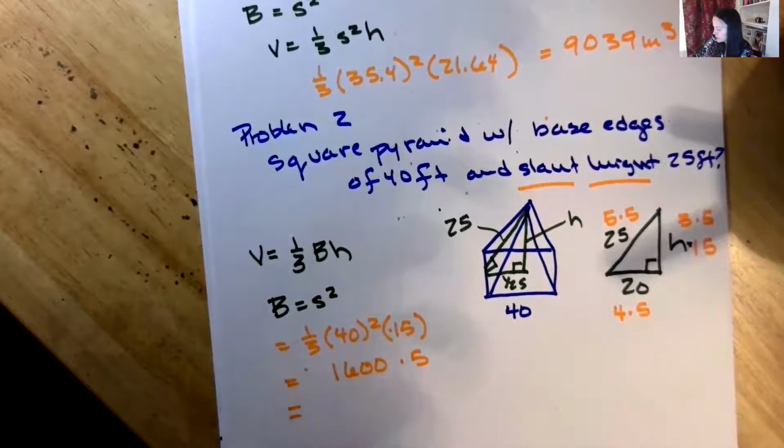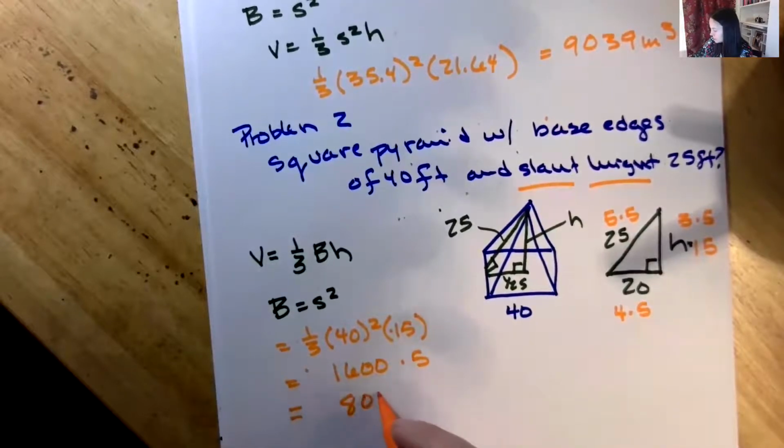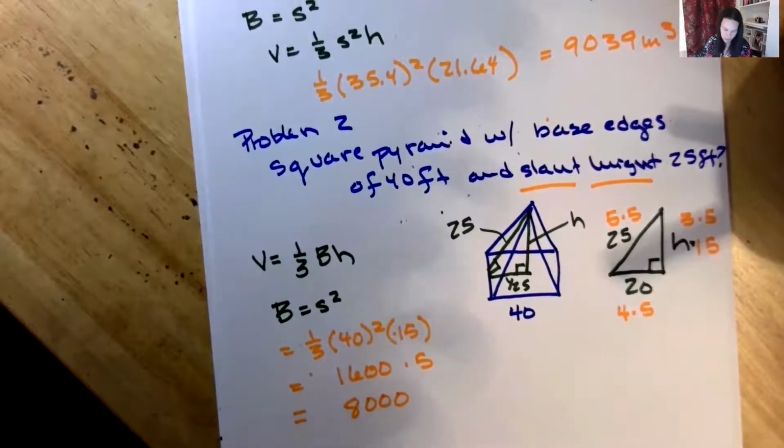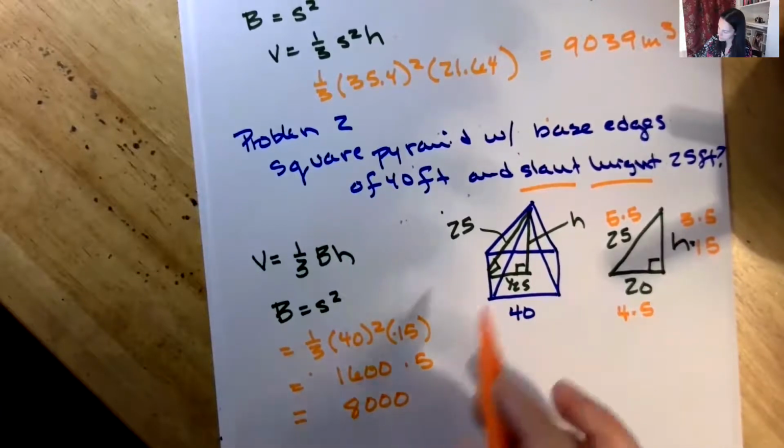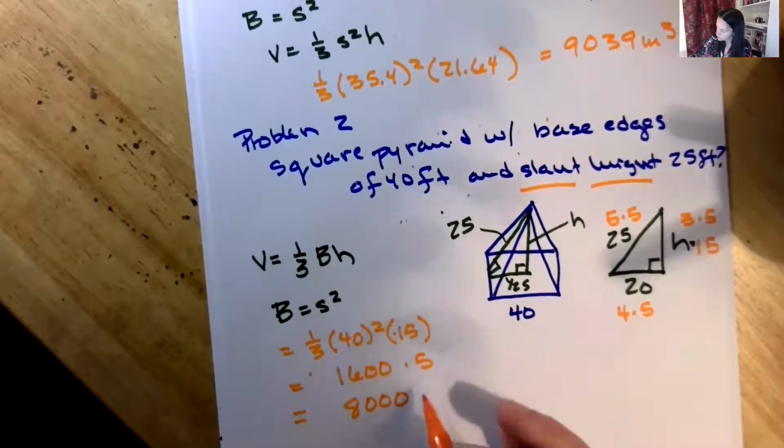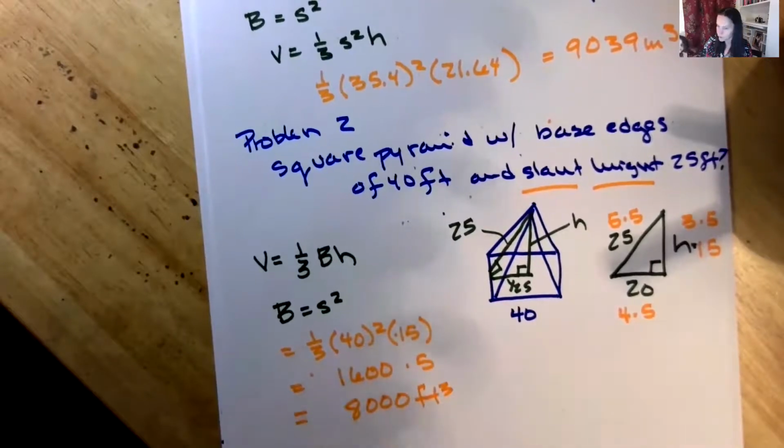So 5 times 1600 is going to be 8,000. And our units are feet cubed.